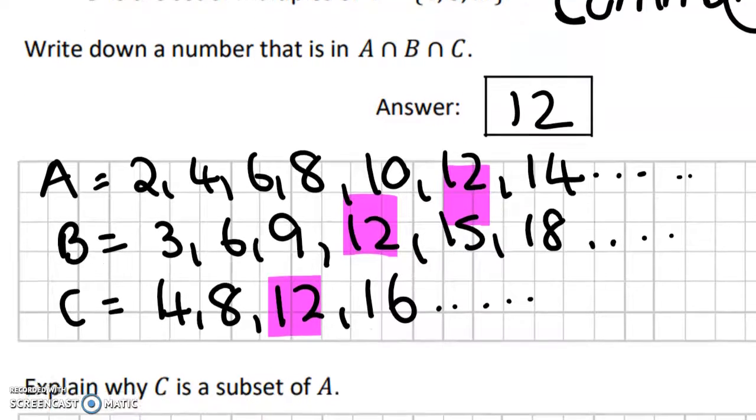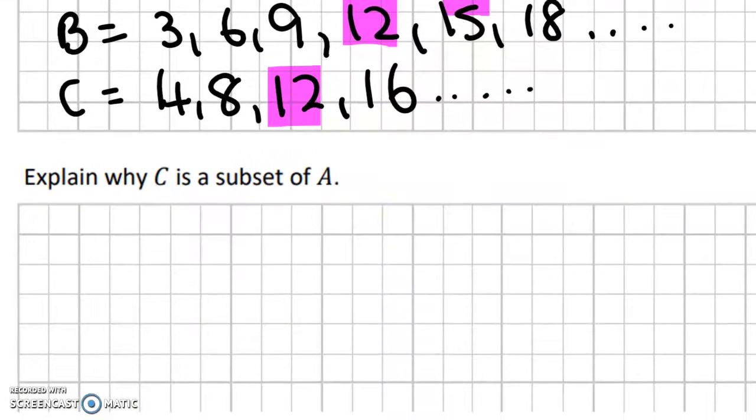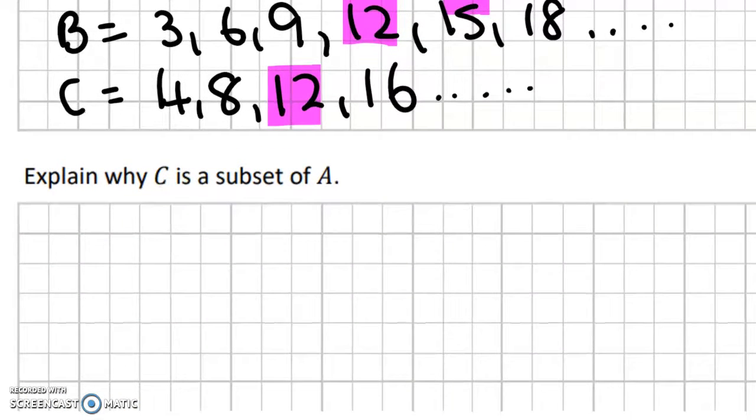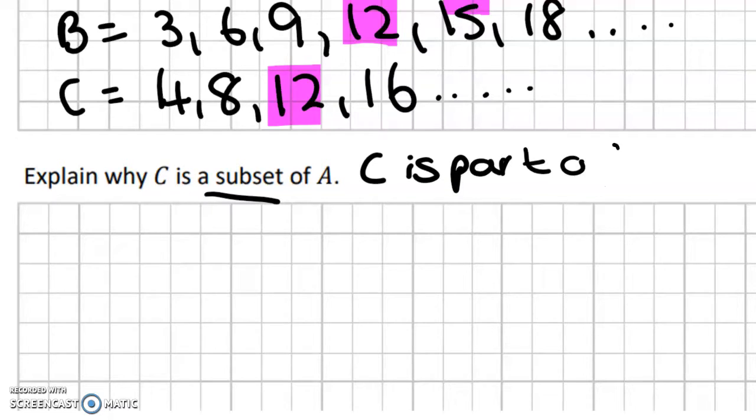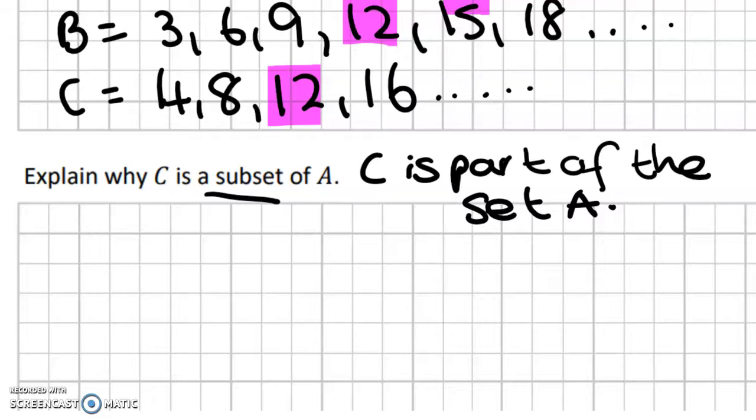Okay, the next thing it says is explain why C is a subset of A. Subset means that if C is a subset, C is part of the set A. It doesn't mean that C has all the elements. All the elements that are in C are part of A. Will I write that down?